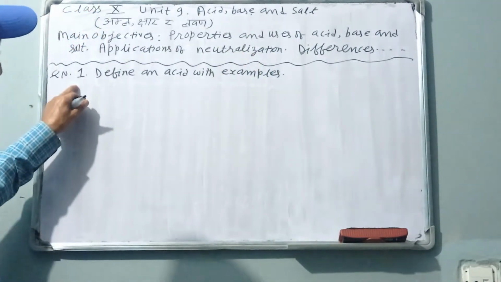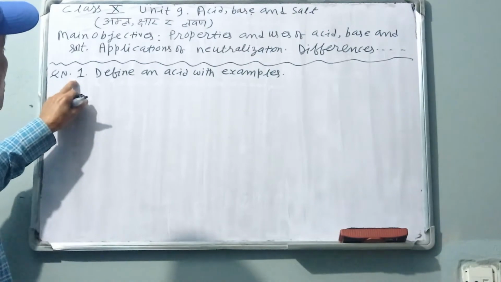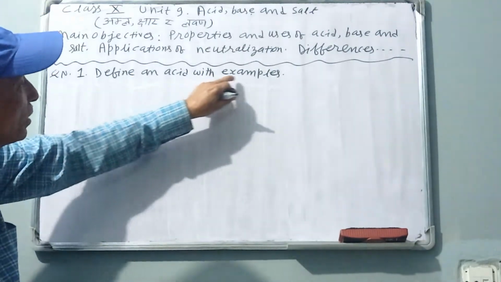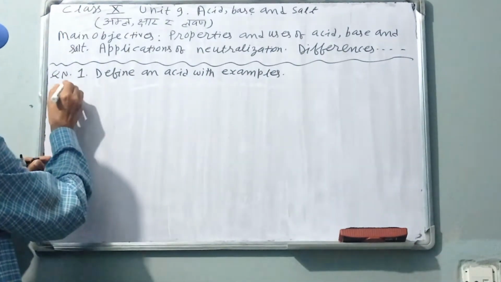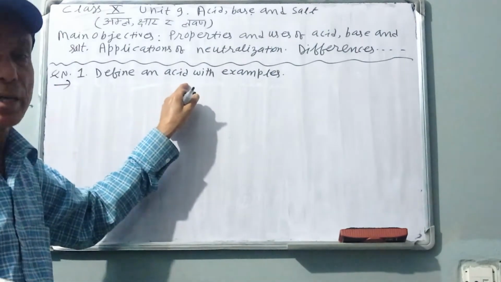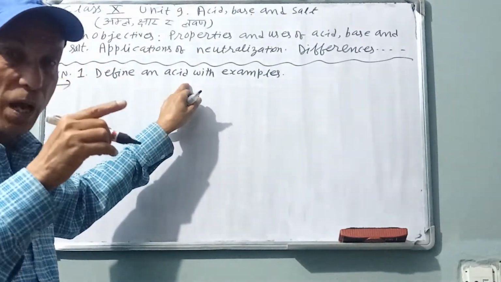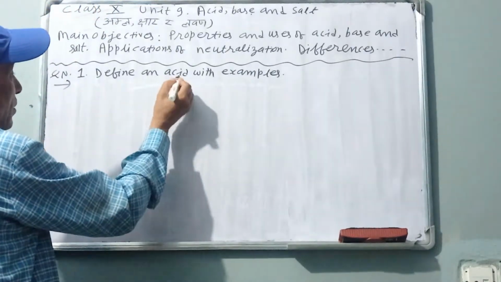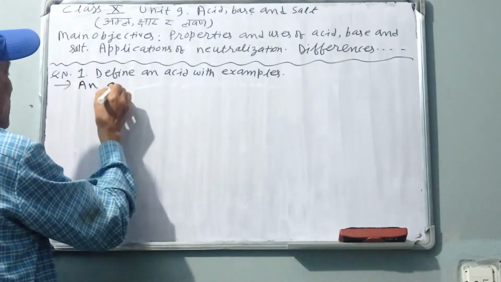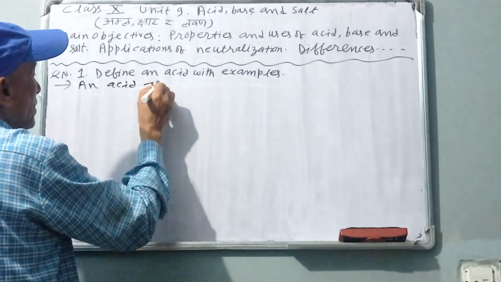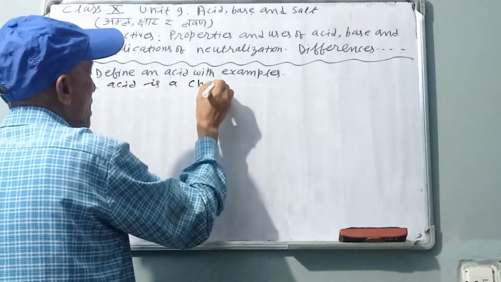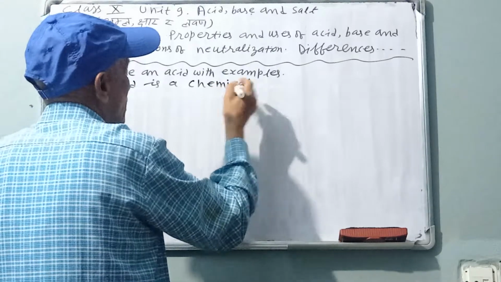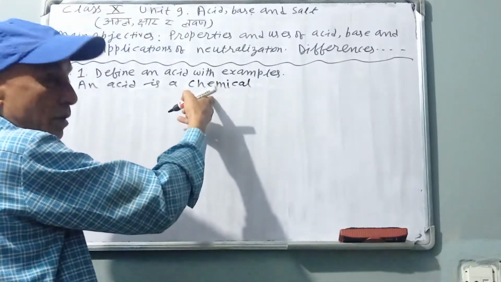Now question number 1. Now let me start. Question number 1: define an acid with example. An acid is a chemical substance. It may not be chemical, it may be organic, like organic acid.